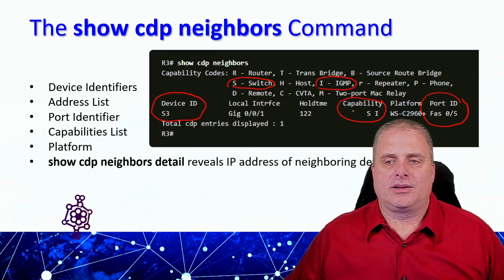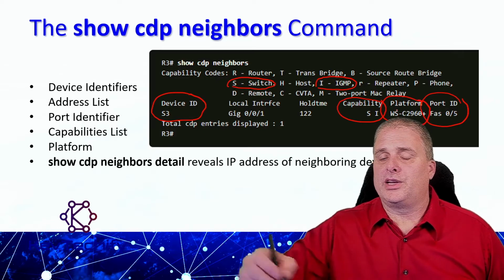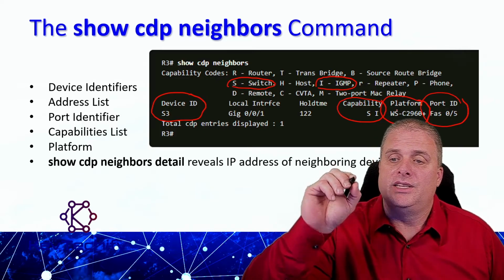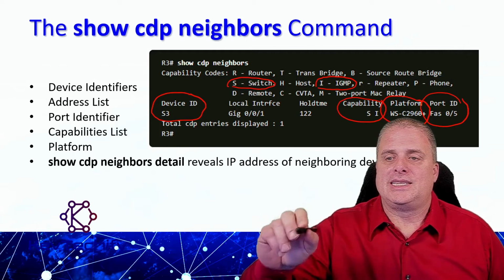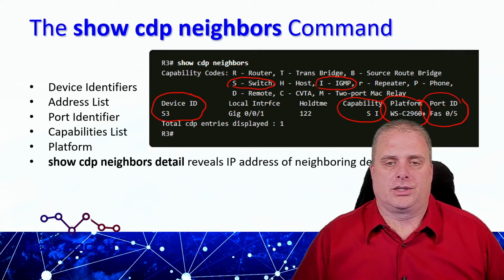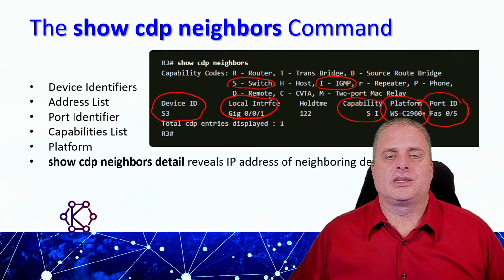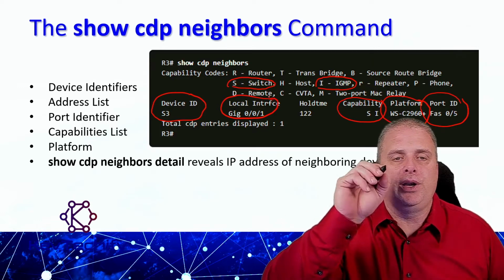We then have our platform. The platform is the model of the device. So the device we're connecting to is a WS-C2960, and that happens to be a model number of one of their switches. We also have the local interface. The local interface is the port on the device we are at right now.